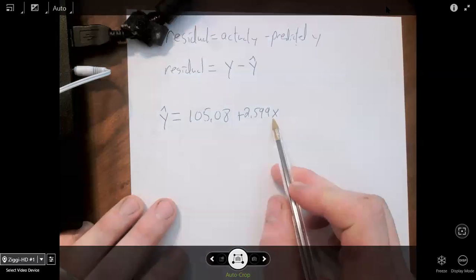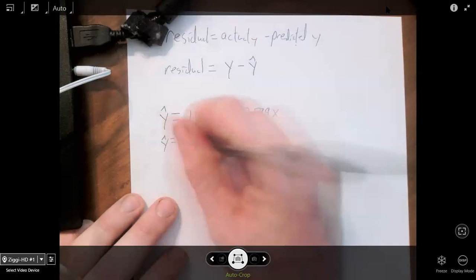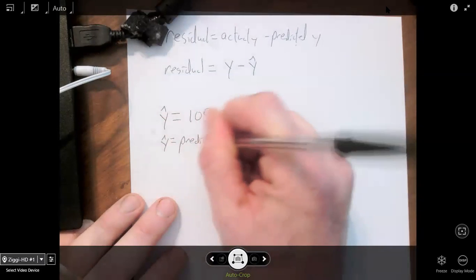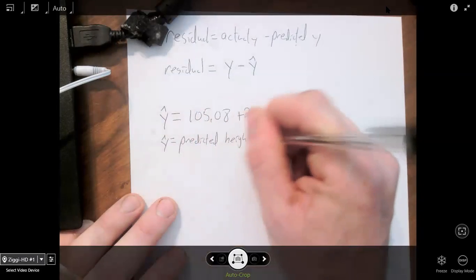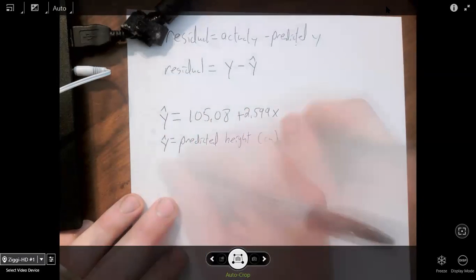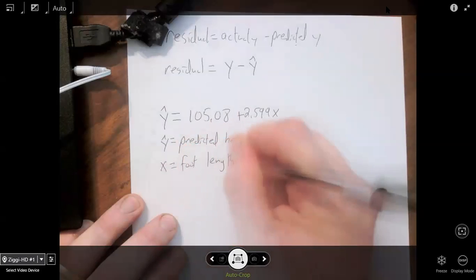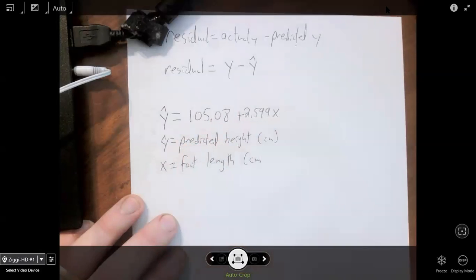If you just write it down like this, if they ask you for the regression equation, you're missing out on something. You're missing out on context. So you've got to say what y hat means. Y hat is the predicted height in centimeters, and x is the foot length in centimeters for students at this particular high school.